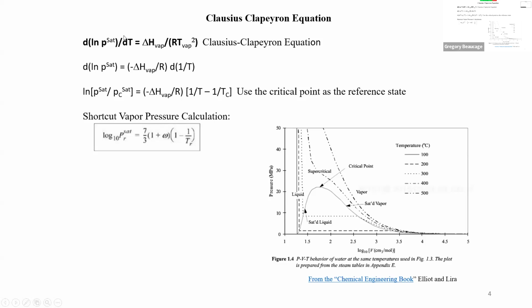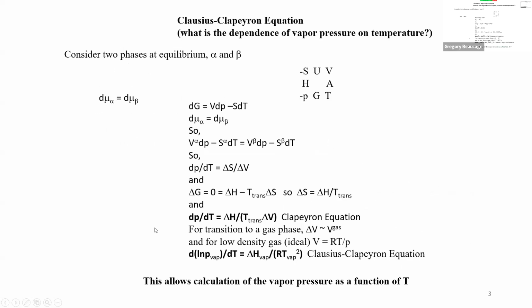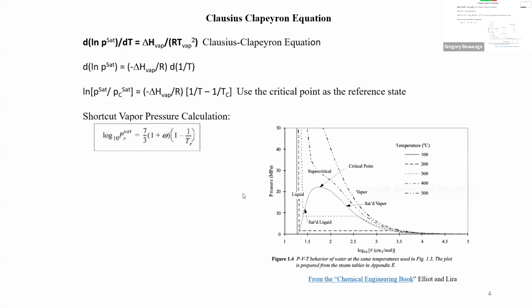T squared dT is... d(1/T) is dT over T squared. So you end up with ln of P goes with 1 over T, which ends up being a plot of log of pressure versus 1 over temperature from this integrated form.